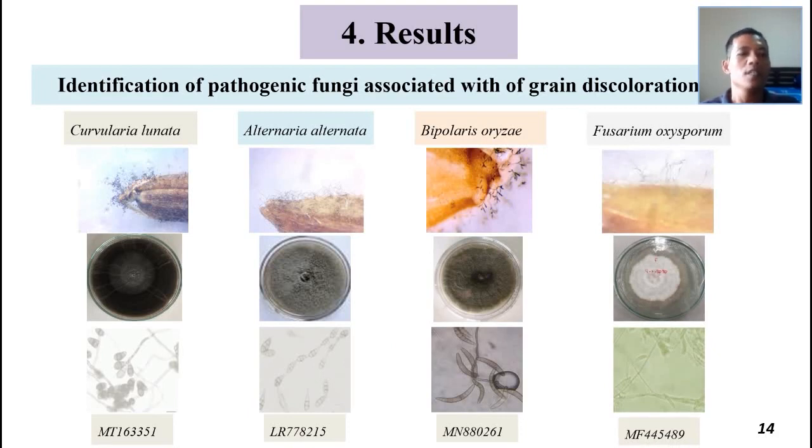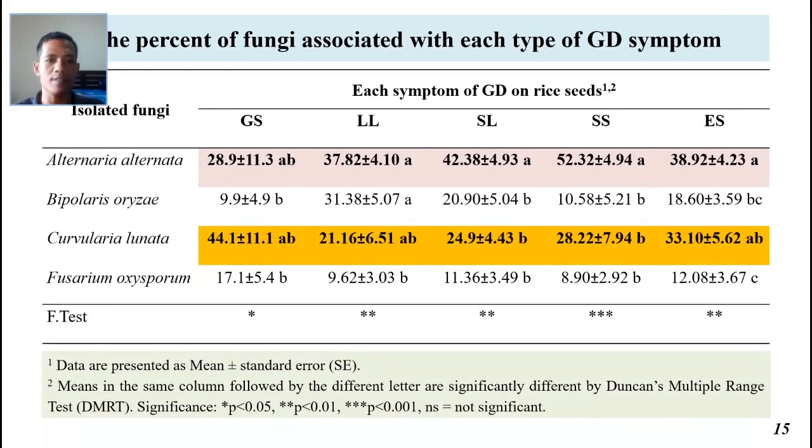These are the major fungi identified from each type of symptom. I identified them not only by molecular identification, but also by morphological characterization. In total, I got Curvularia lunata, Alternaria alternata, Bipolaris oryzae, and Fusarium oxysporum. These four major fungi were detected from each type of grain discoloration disease symptoms.